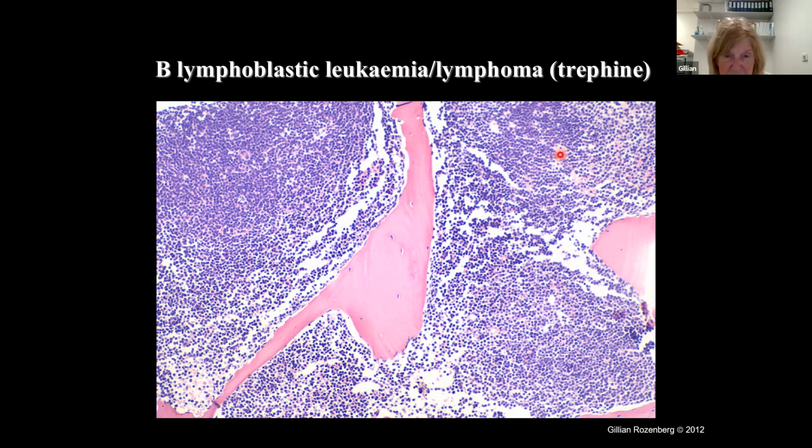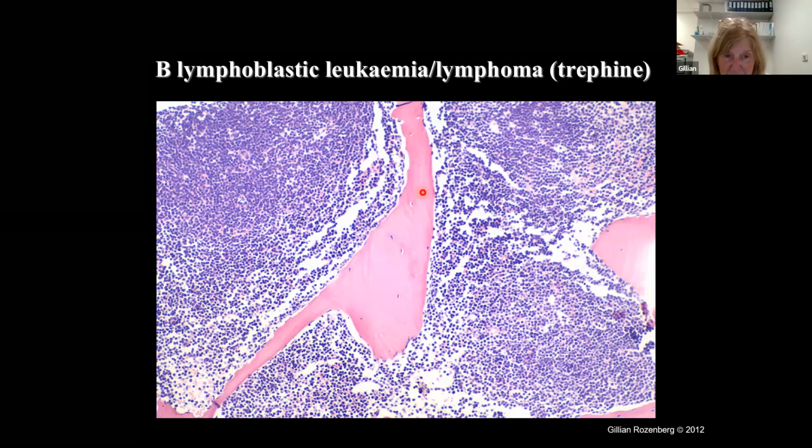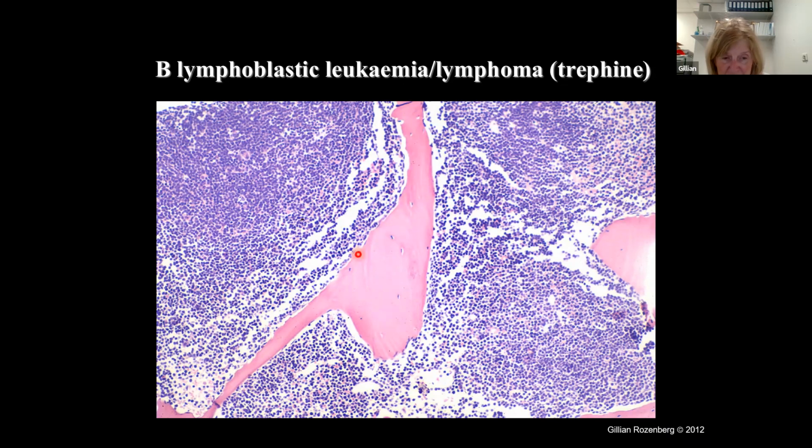And this is an H&E stain, hematoxylin and eosin stain. And this is part of the bone which has been decalcified. So when they've done that, they actually embed it in wax and they cut it on the microtome and stain it. So you can see here that we've got really a monomorphic population of cells which are just replacing the entire bone marrow.